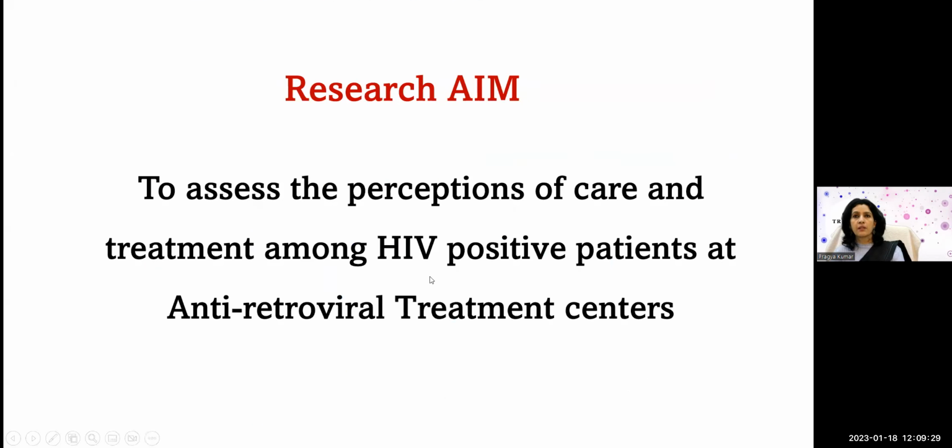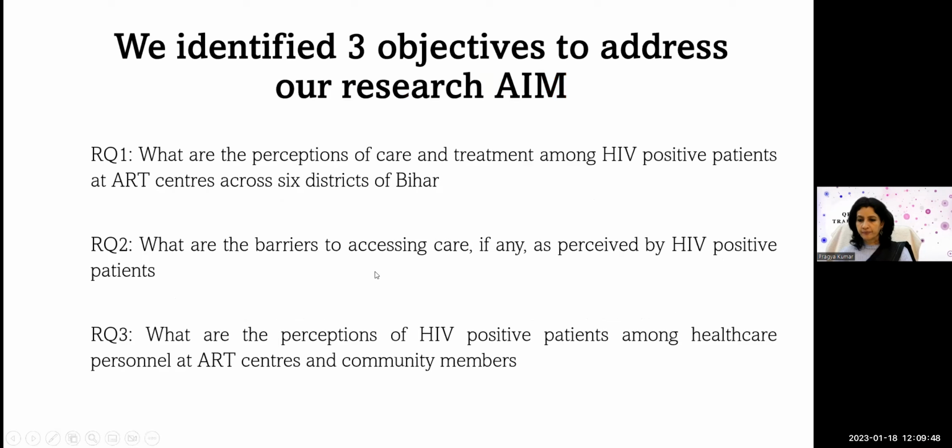Now I will show one interview guide and how we made it. The research aim was to assess the perception of care and treatment among HIV positive patients at antiretroviral treatment centers. For that research aim, we identified three questions.